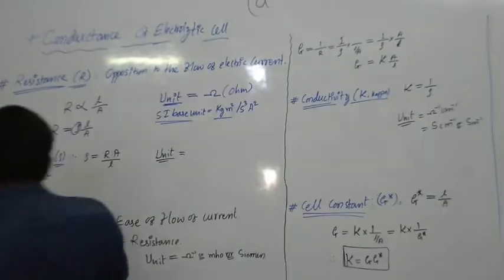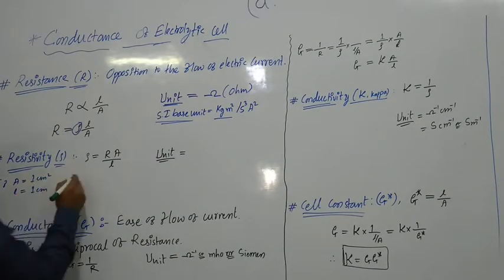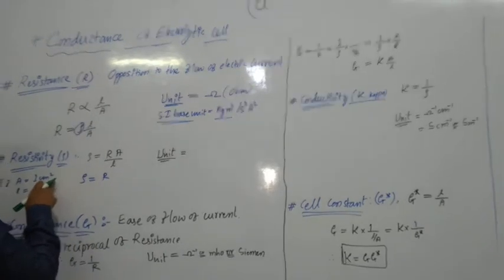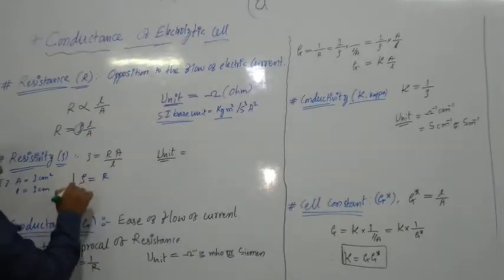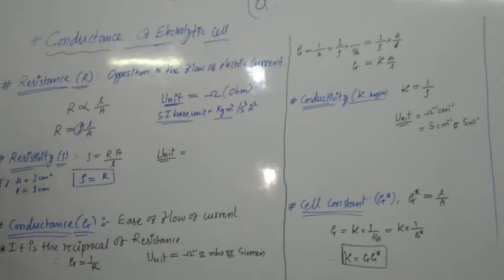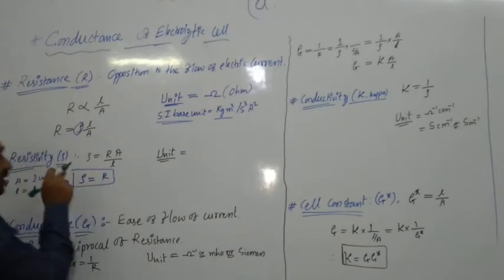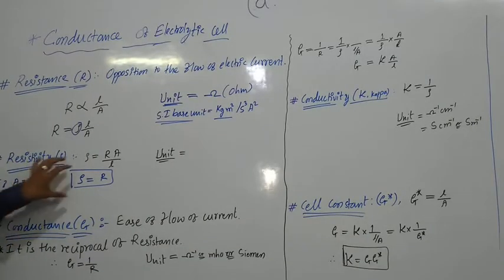Now put these two values in this equation: rho is equal to R into 1 centimeter square divided by 1 centimeter. 1 into 1 is 1, 1 divided by 1 is 1, so rho is equal to R. What is the exact meaning of this equation?